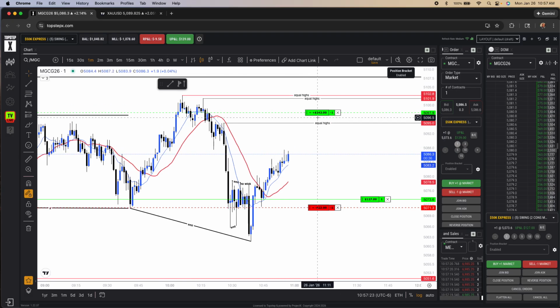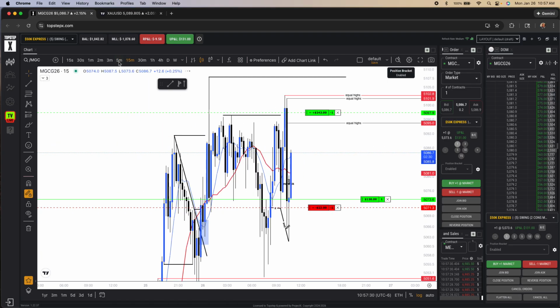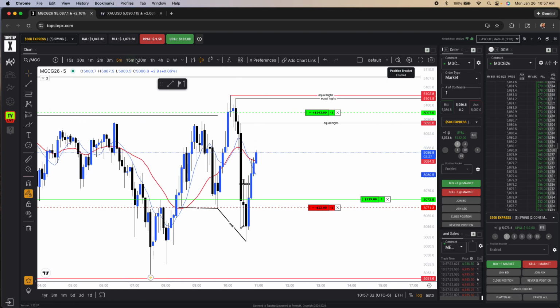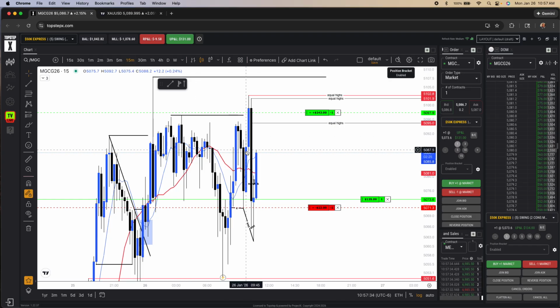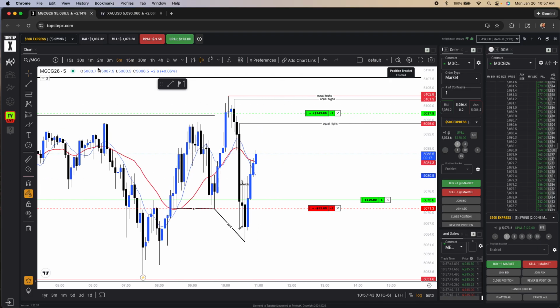So it's looking pretty good now. I think there's a no wick candle somewhere. No, there's none on here. So let me see. We're now inversing the 15-minute, looks like it. So we're looking pretty good. Could have a nice explosive move.